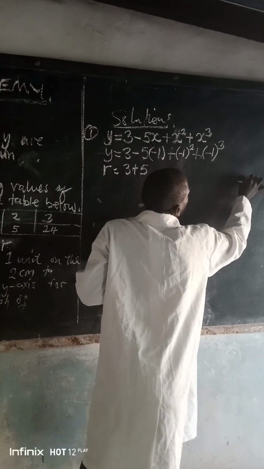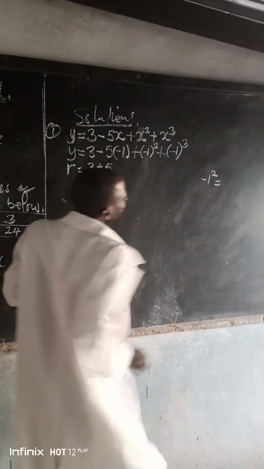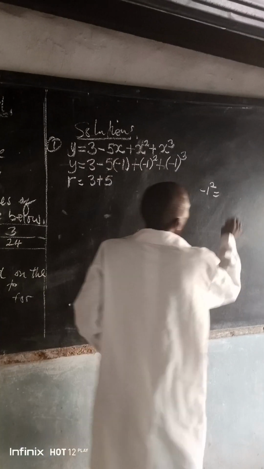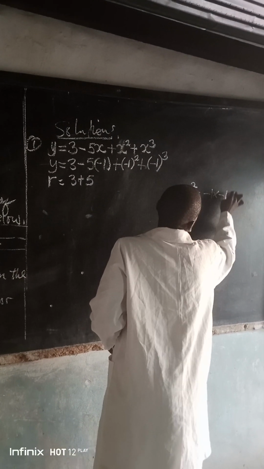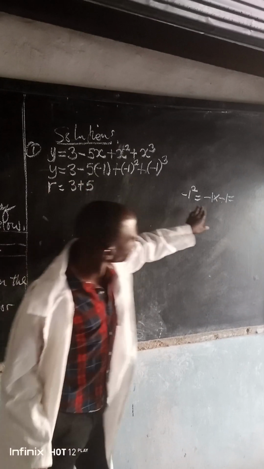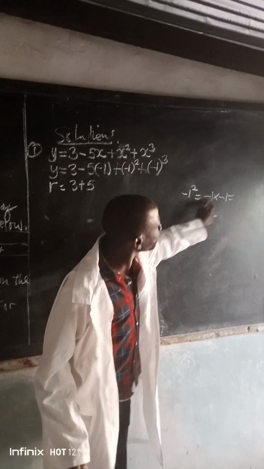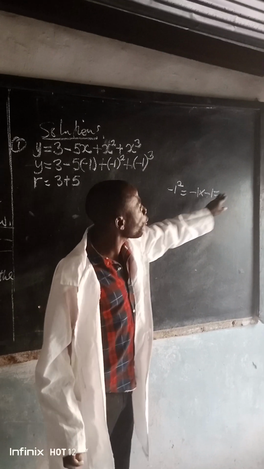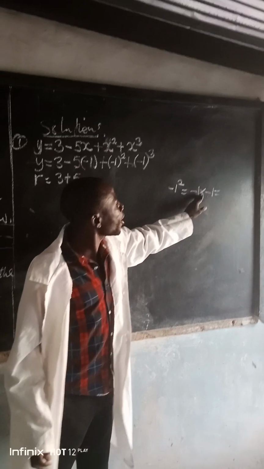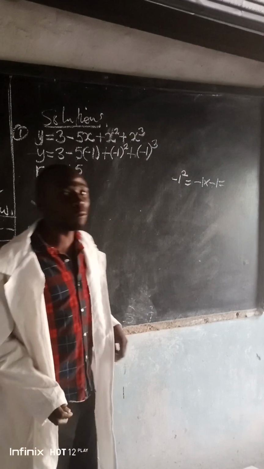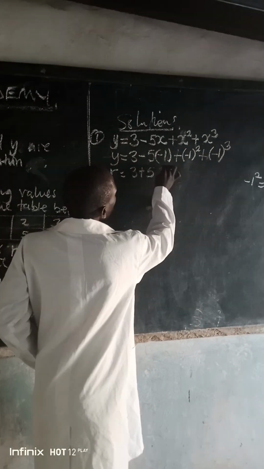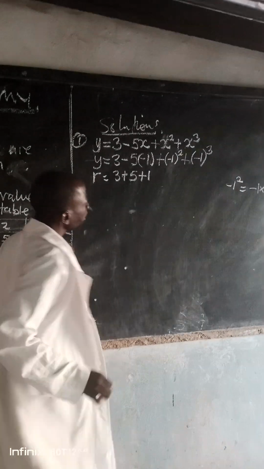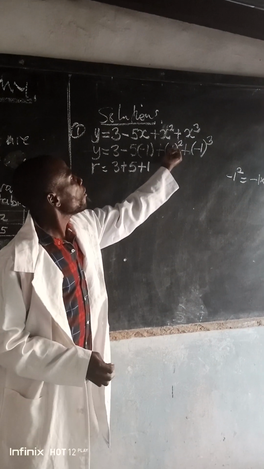When you have -1 squared, it means you multiply -1 twice. So -1 times -1. Negative times negative gives positive, and 1 times 1 is 1. So -1 times -1 is positive 1.